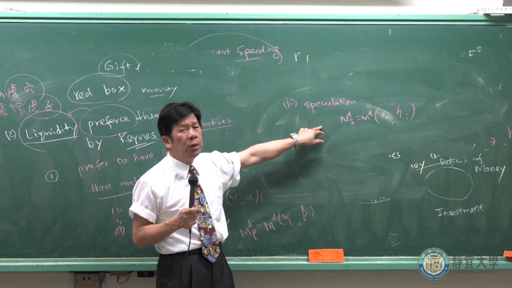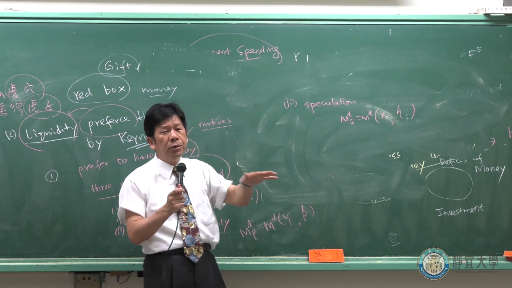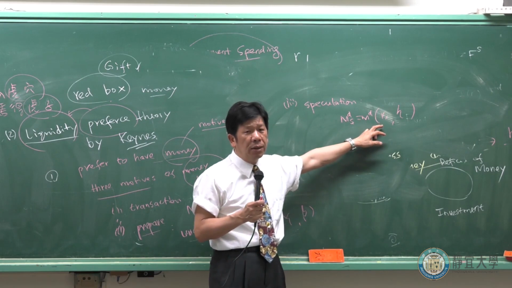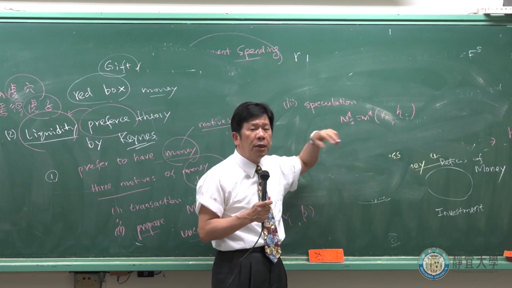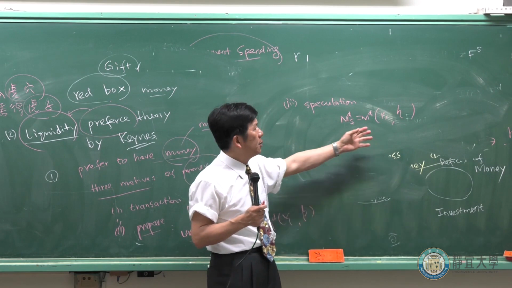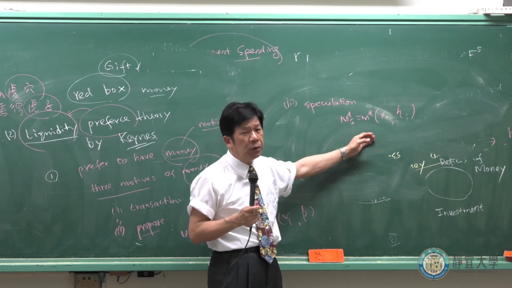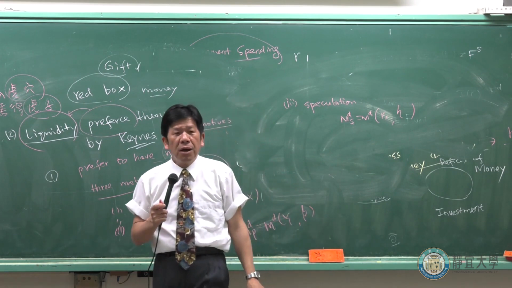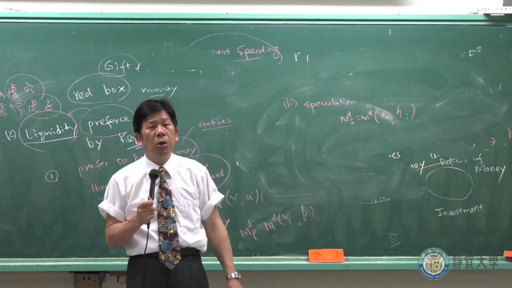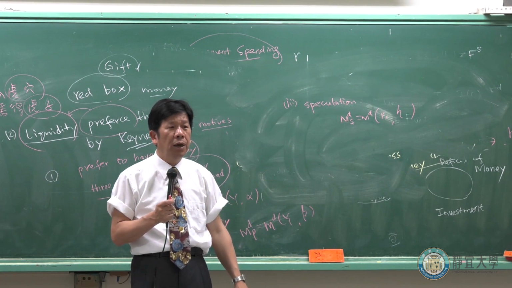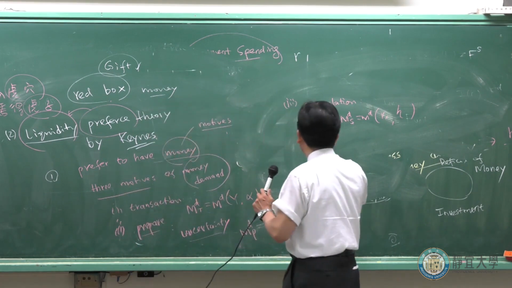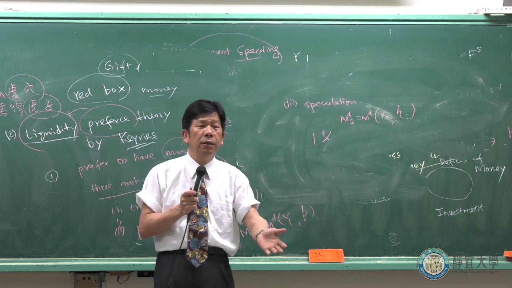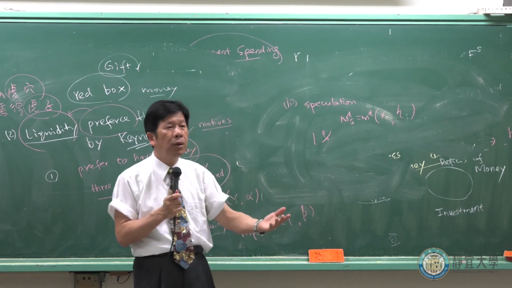Okay? So you would have two choices. One is to put the money in the bank. Okay? But the bank will give you some interest rate. I'm not sure, but actually now, in the entire world, interest rates are always quite low. For example, in Taiwan, maybe only 1%. So, how about South Korea?